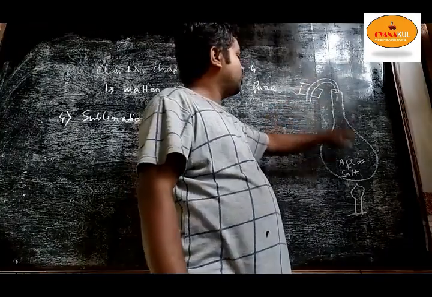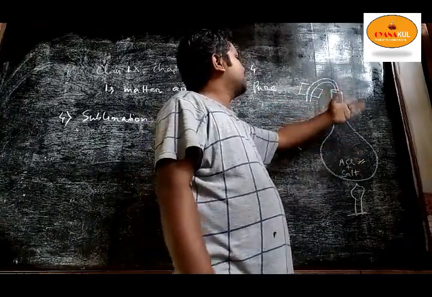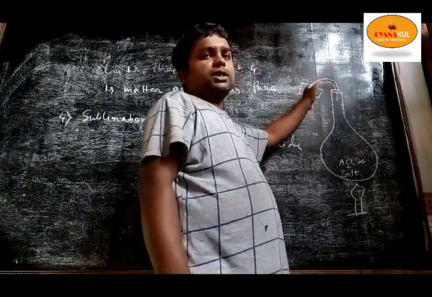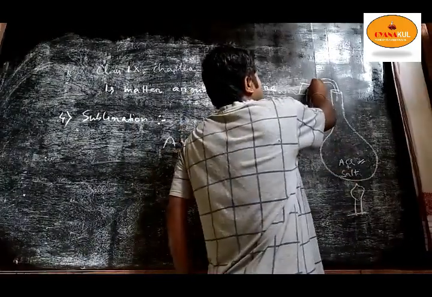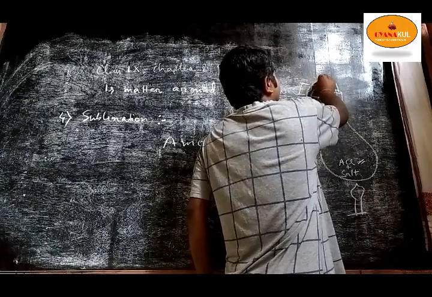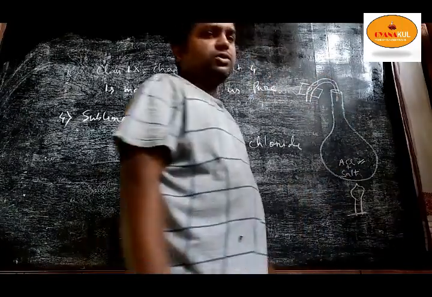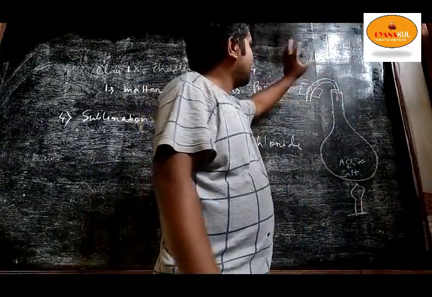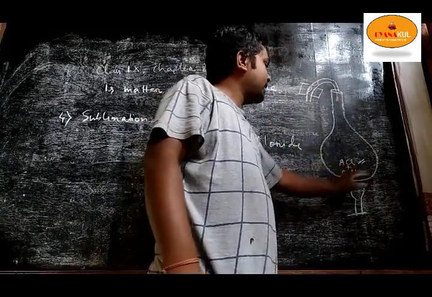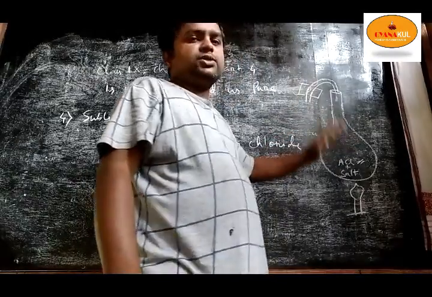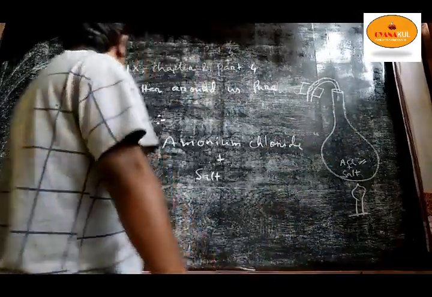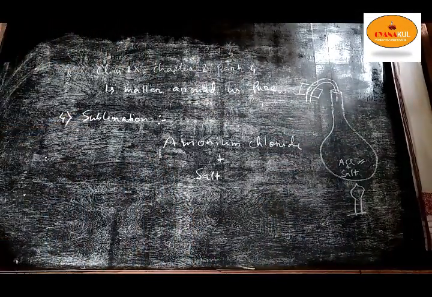Correct? So ammonium chloride will change into gaseous form, and when it condenses, it will be directly converted into solid form. Because of the cool, the ammonium chloride will be collected here. Understood? So in this way, the salt will remain at the bottom of this container or beaker, and we can separate these two things by using the sublimation technique.